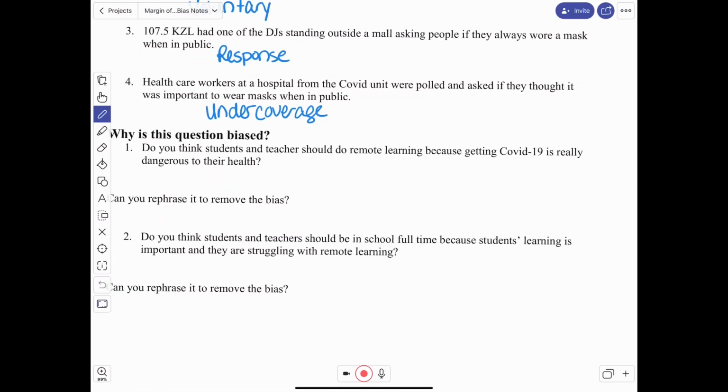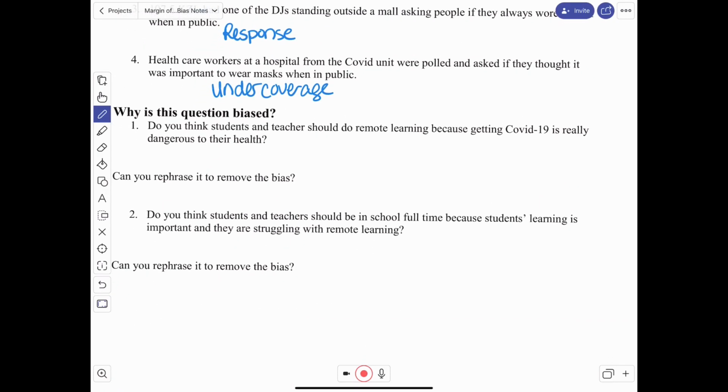Okay. So why is this question biased? Do you think students and teachers should do remote learning because getting COVID-19 is really dangerous to their health? Okay, so the fact that we're saying it is really dangerous to their health, that is adding in word bias. And can you rephrase it to remove the word bias?